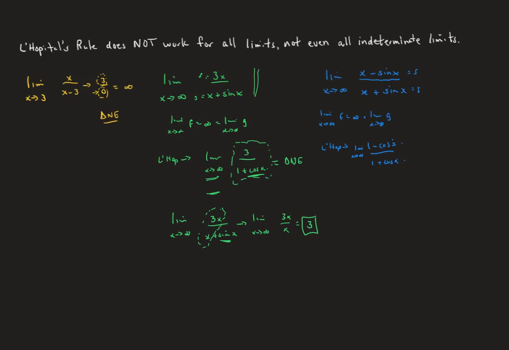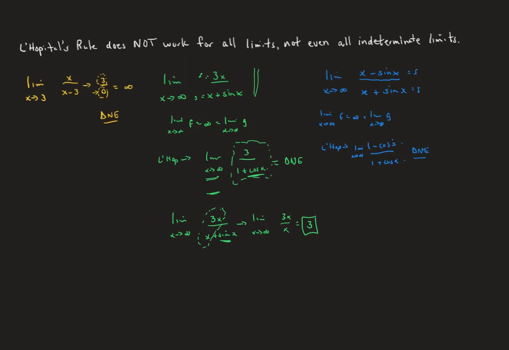When cosine is -1, you're going to get a 2 on top and something approaching 0 on the bottom, so something approaching infinity. So this limit is not getting closer and closer to any one number. It's not in a form where we can continue to use L'Hopital's rule, because it's not 0 over 0, nor is it infinity over infinity. So L'Hopital's rule just doesn't work.